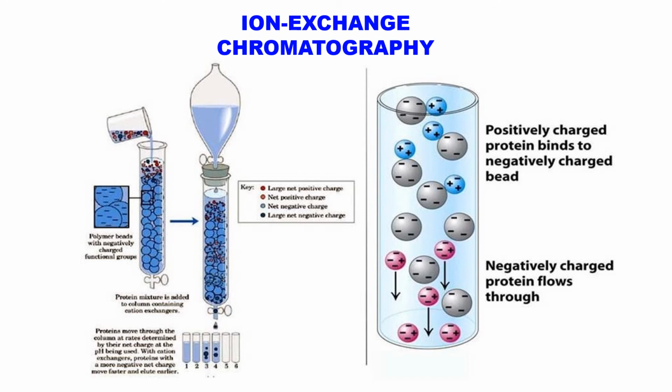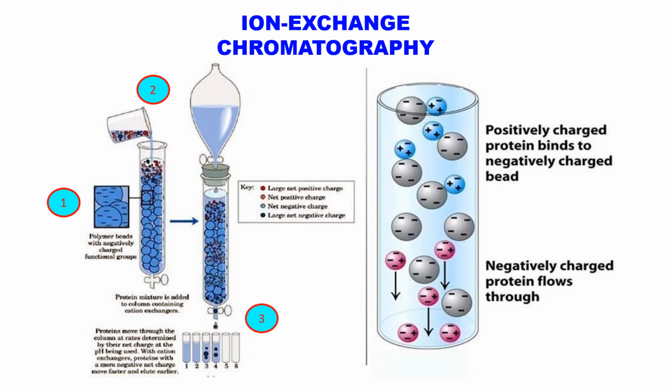So let's simply understand: a column having beads is packed. The beads in this column carry a charge, either negative or positive. In this example, the beads carry a negative charge. Once the column is packed, the sample containing the mixture of proteins is loaded onto the column, and then it is eluted with the mobile phase.